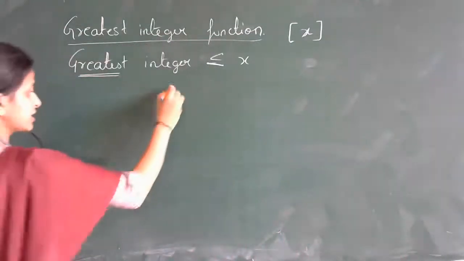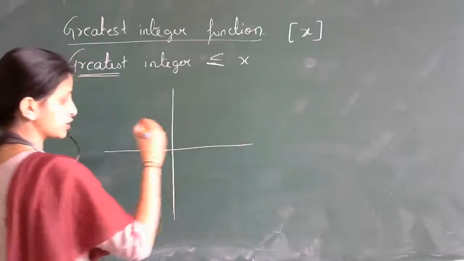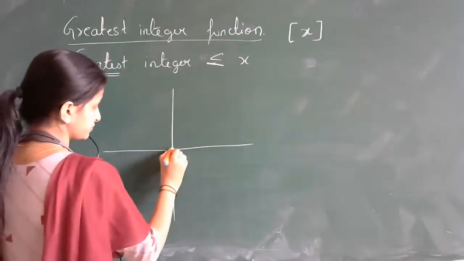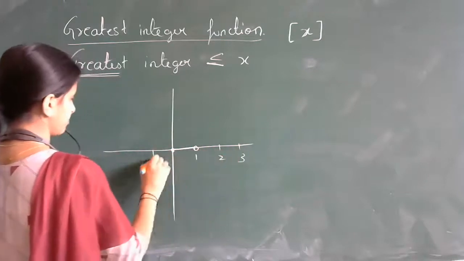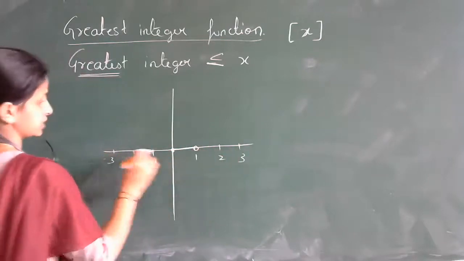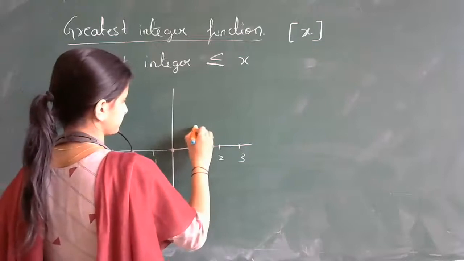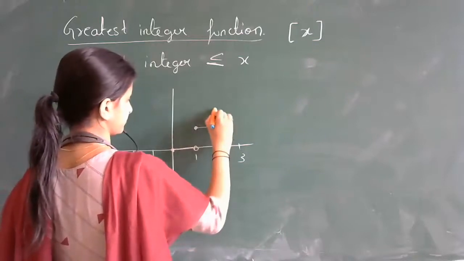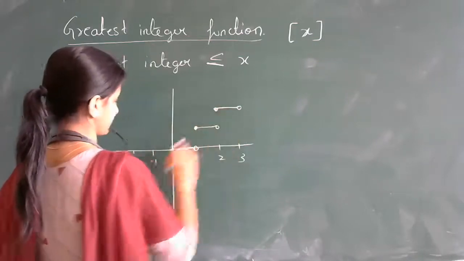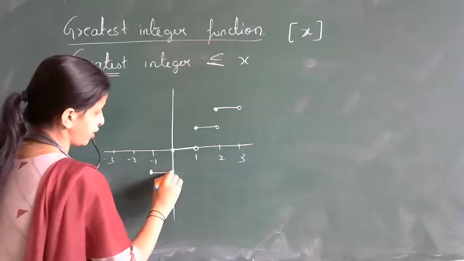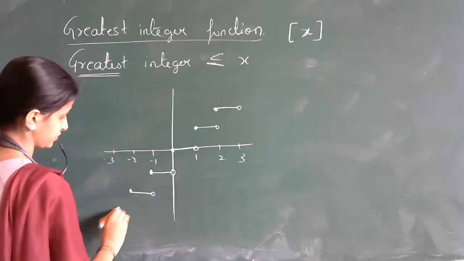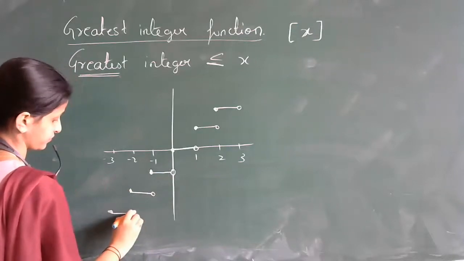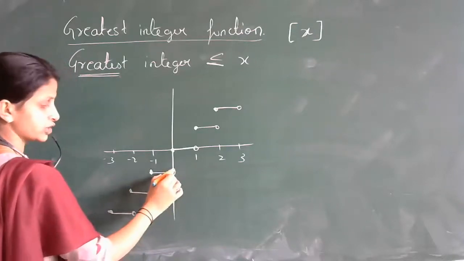If you take some values and plot this graph, you can observe this is 1, 2, 3, minus 1, minus 2. So it is in the form of steps. A blank dot means the function is not defined there.